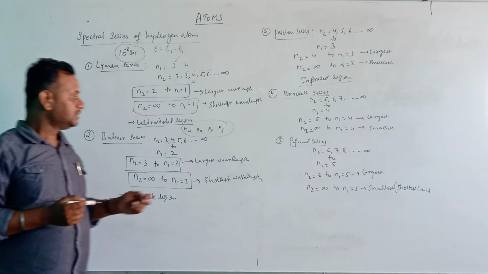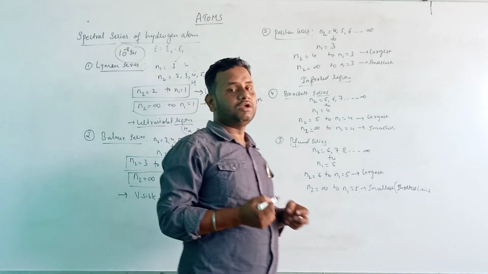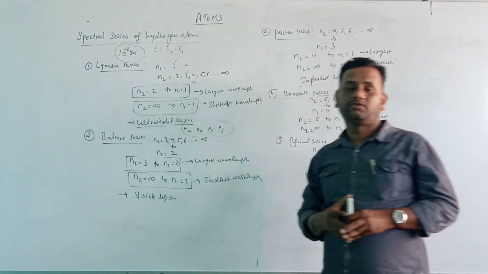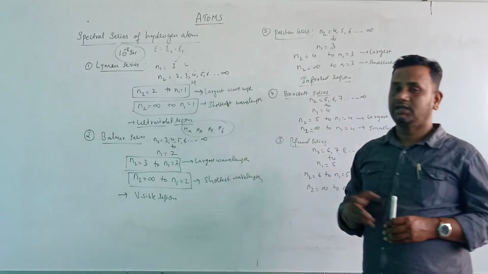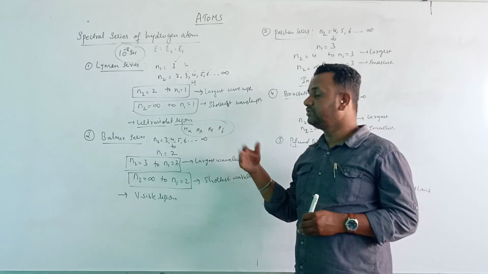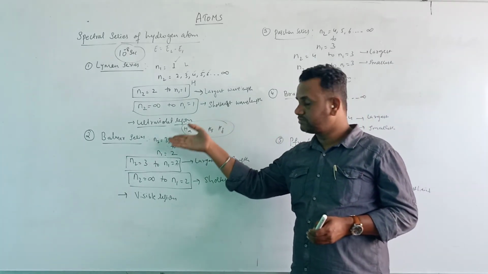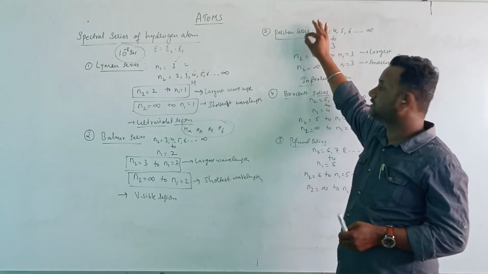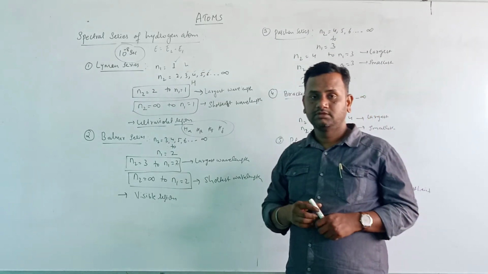Just to go through this one. Sometimes in 1-mark questions, most times they have asked in which region we can observe the Lyman series, that is the ultraviolet region. Or sometimes they might ask about the Balmer series, or the Paschen series, Pfund series or Brackett series.